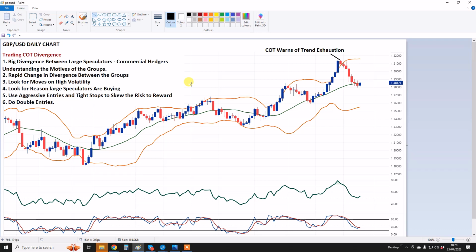Now, the simplest way of illustrating how a commercial hedger works, I'll give you an example of someone most people watching this video will know. Richard Branson, big UK entrepreneur, owner of Virgin Airways. He saw crude oil down below $20 a barrel and jet fuel had fallen as well.